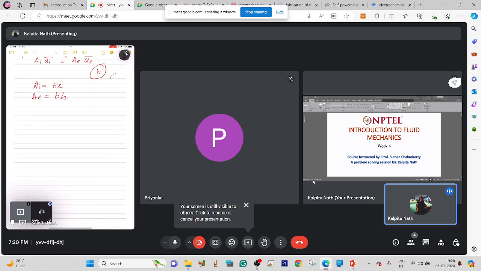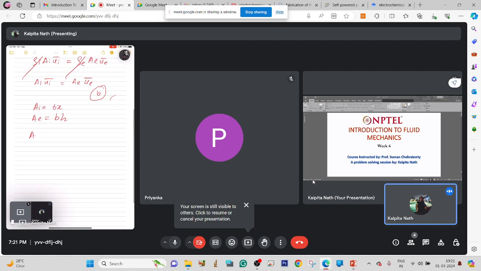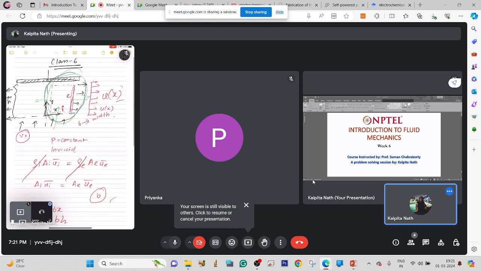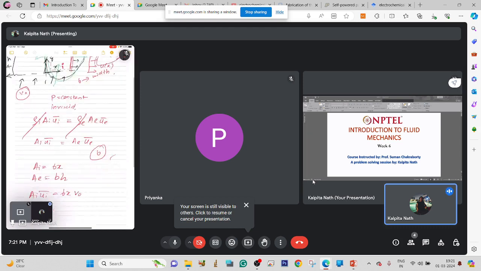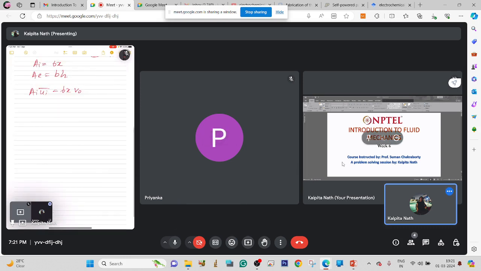If the fluid is entering the porous plate with a uniform velocity V naught, then A_I U_I is Bx V naught. And ux is the uniform velocity exiting from side E, so A_E U_E bar is equal to hB ux.